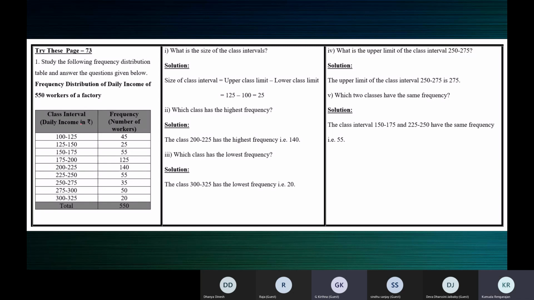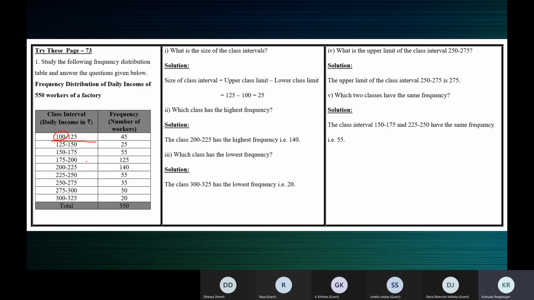How do you read this 100 to 125, right? What is this 100 to 125 called? It is a class interval. In the class interval 100 to 125, what do you call 100?